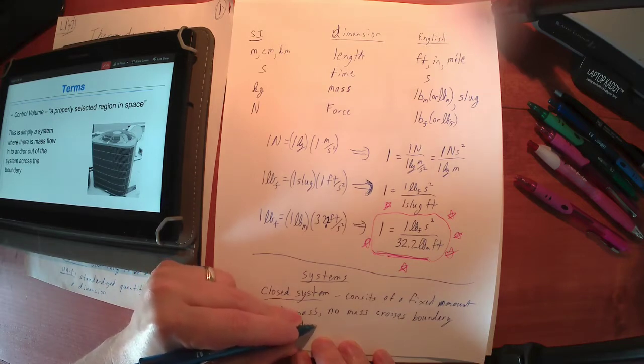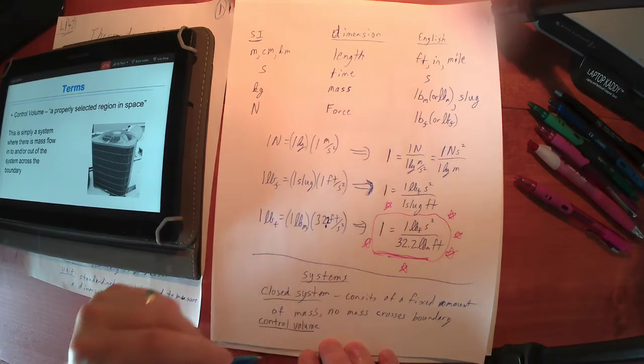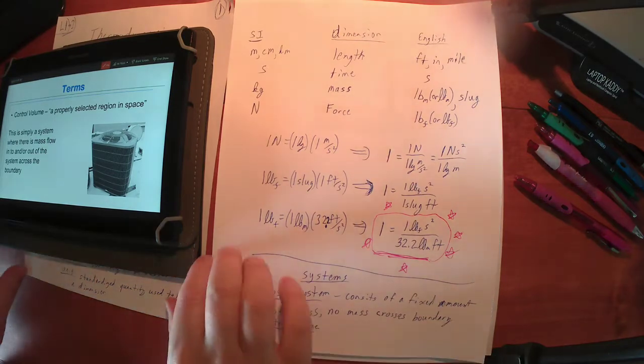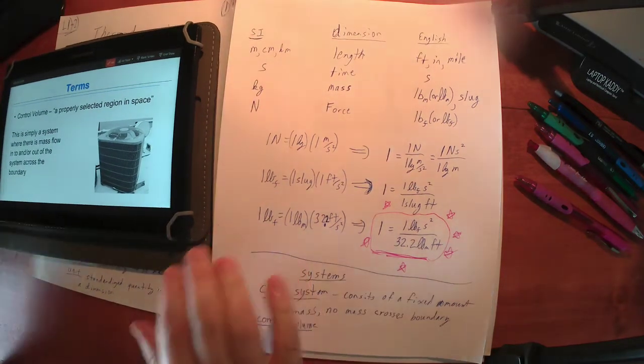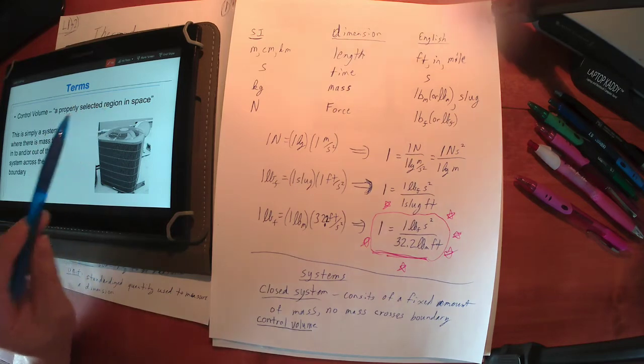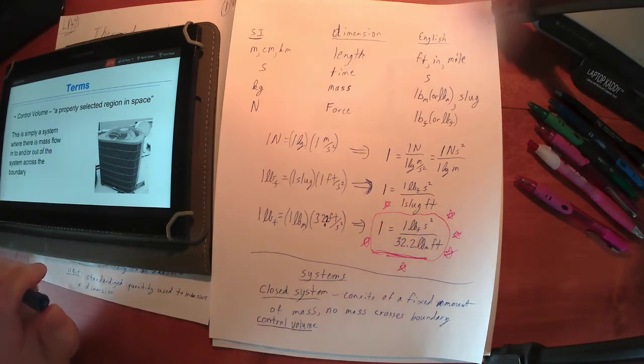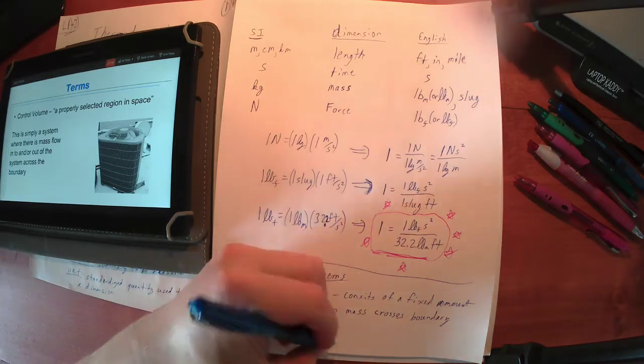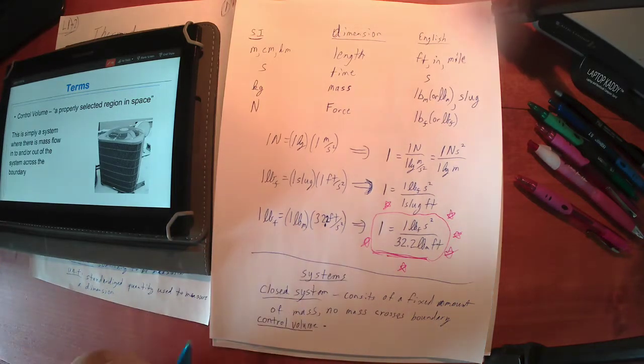Now, as you go on, let's start with the textbook definition. Textbook definition says a properly selected region in space. Now that is absurdly vague, right? Probably to the point of not being helpful.